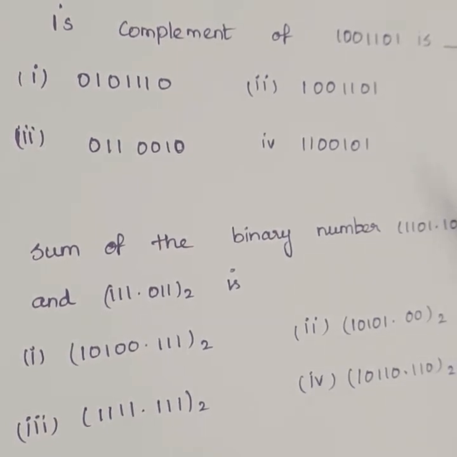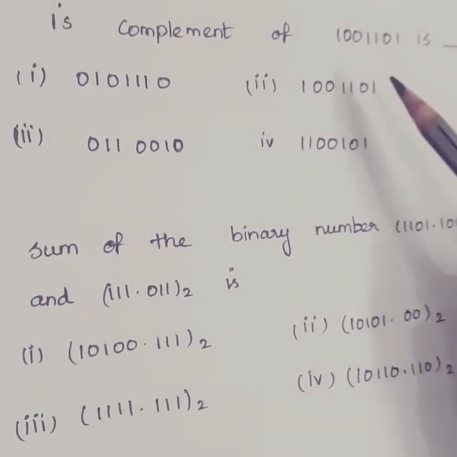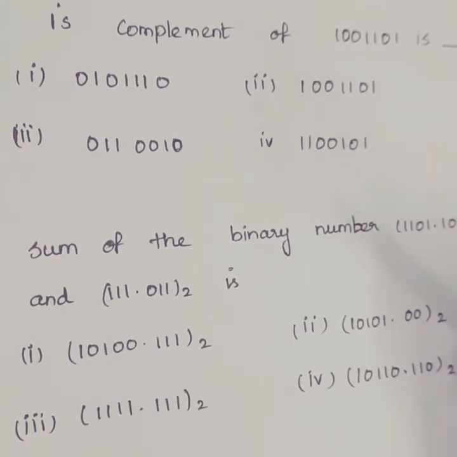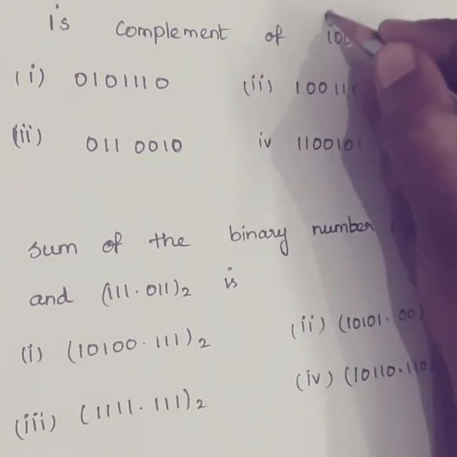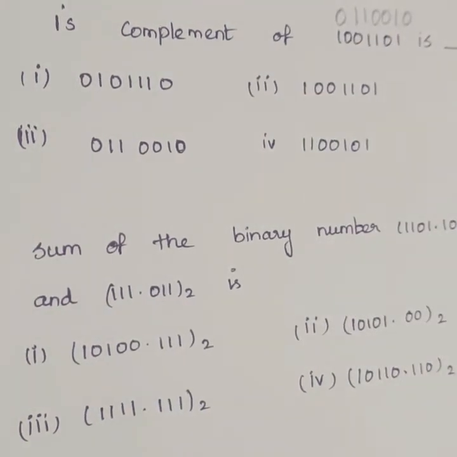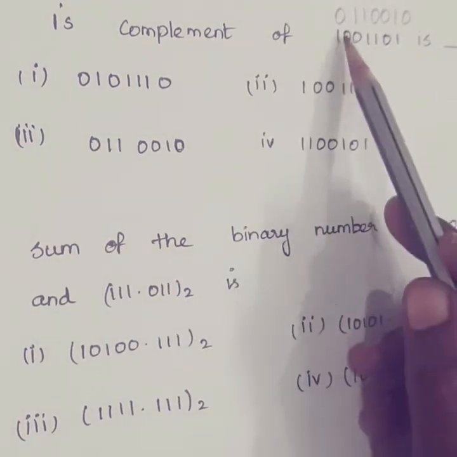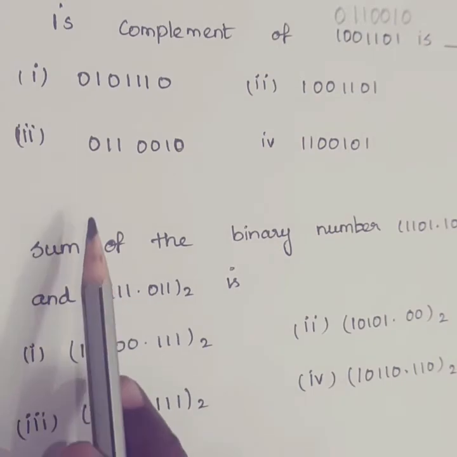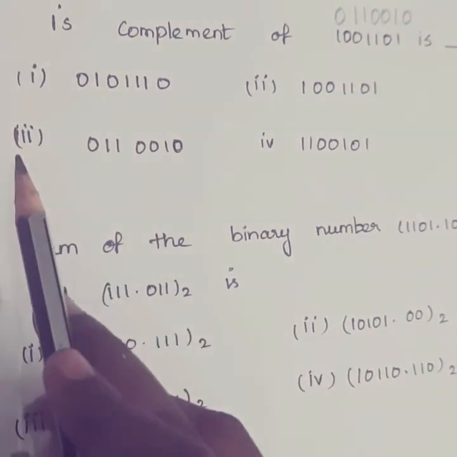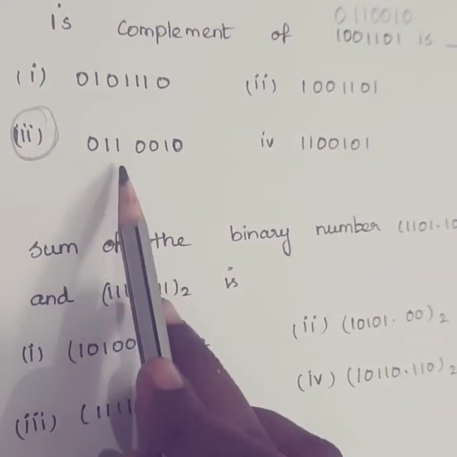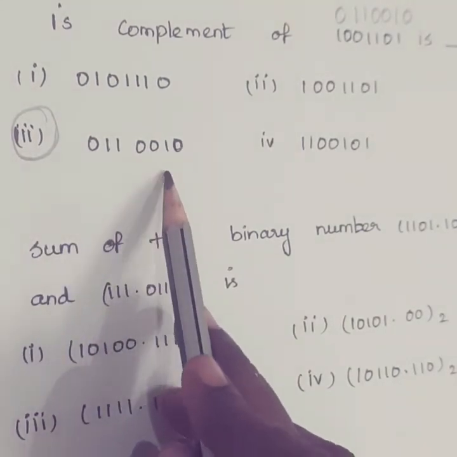So here 1001101, if you complement each bit you get 0110010. That means you replace 0 by 1 and 1 by 0. So the answer is 0110010. It is the third option, which is the correct one.